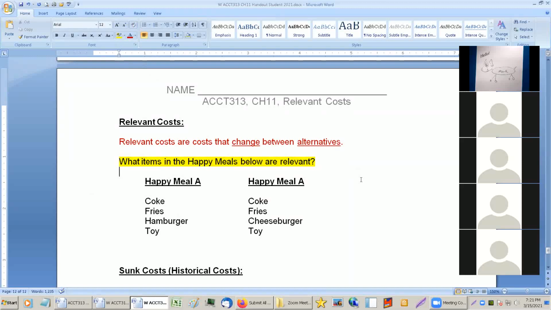Wouldn't it be everything besides the toy? Nope. Oh, okay. The toys are not relevant.